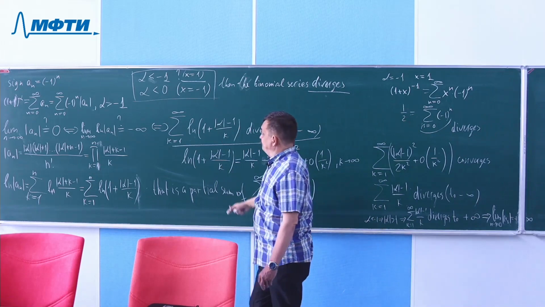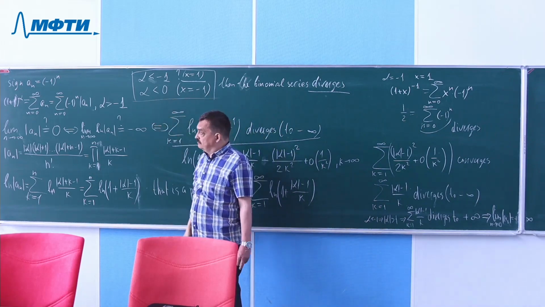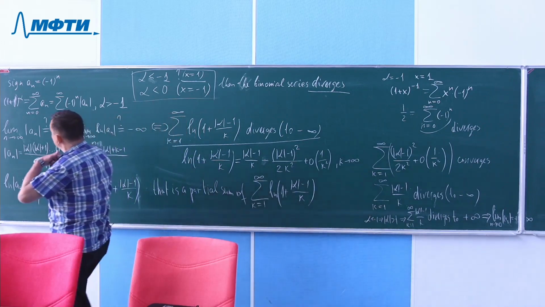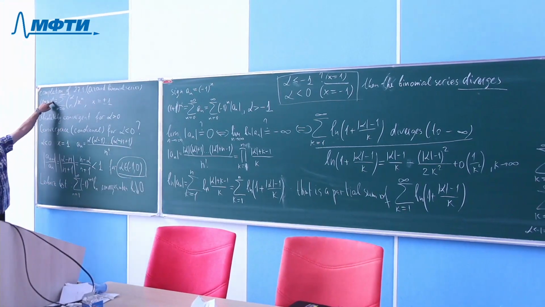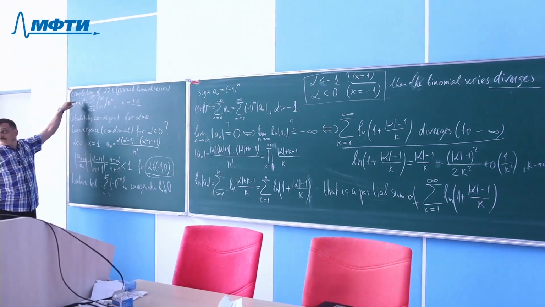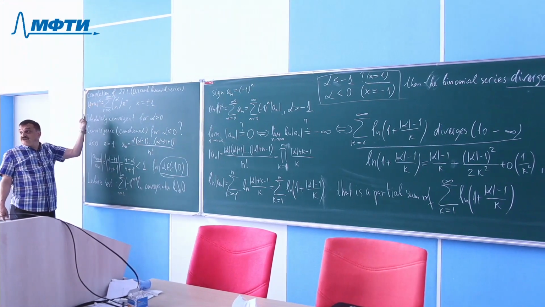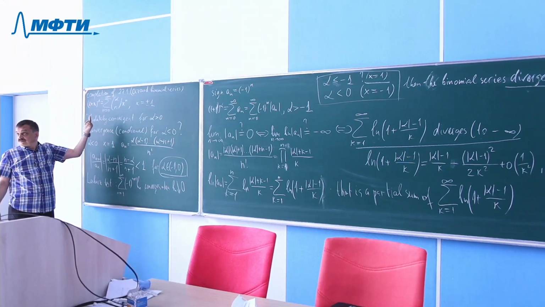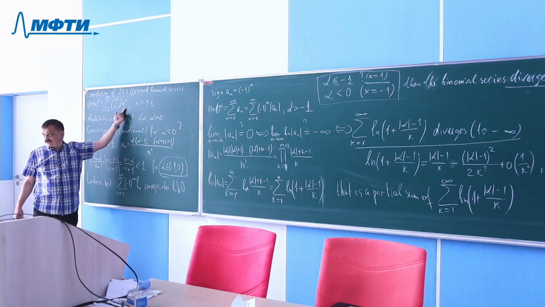And lastly, for x equals to minus 1 and alpha negative, what happens? Look at the series from the beginning. If alpha is negative, substitute x equals to minus 1. We have 0 in negative power, right? So it's infinity. And it means the series cannot be convergent.